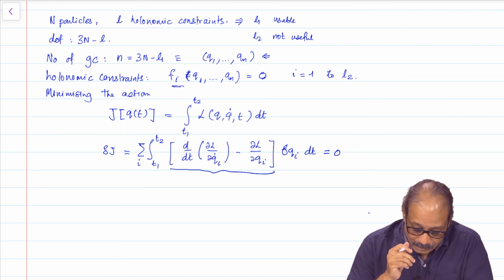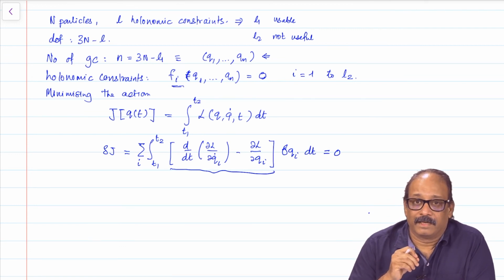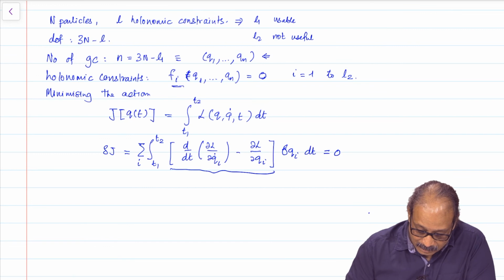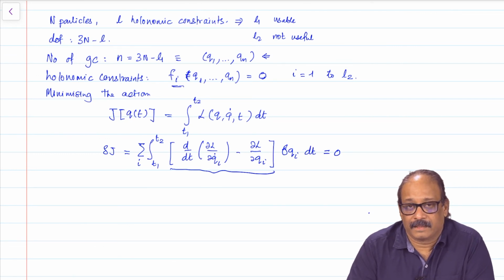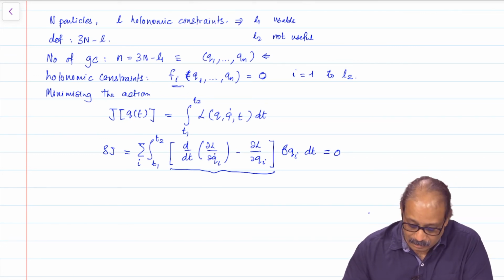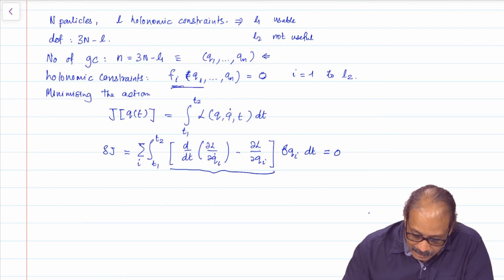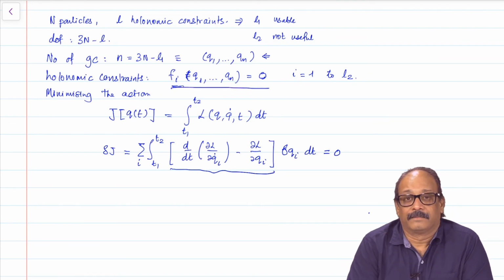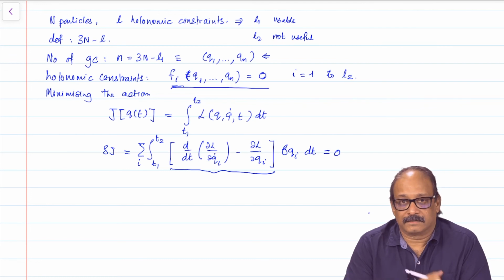But now the minimization problem is a constrained problem, because I want the variation in J to vanish, but all the delta Qi's are not independent because they are related by these constraint equations.